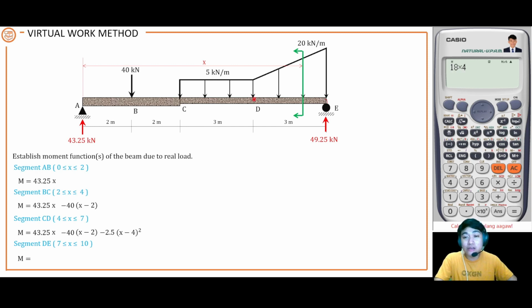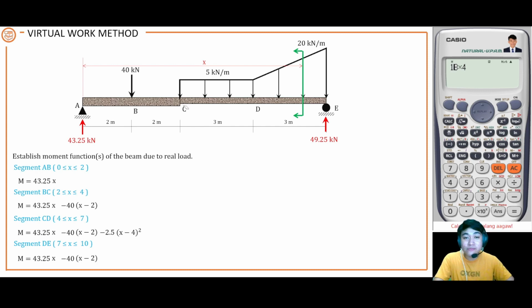So let's take the moment about this cutting section. We have 43.25 clockwise times the distance x, and then 40 counterclockwise, negative, times x minus 2.